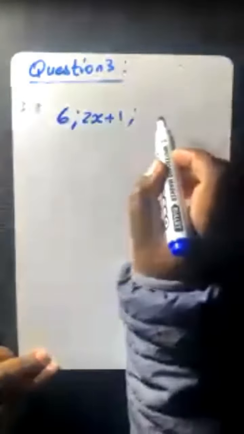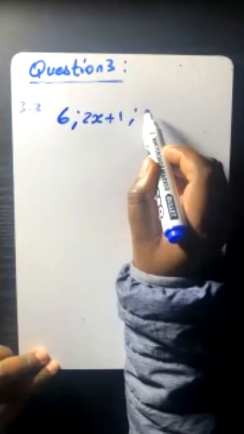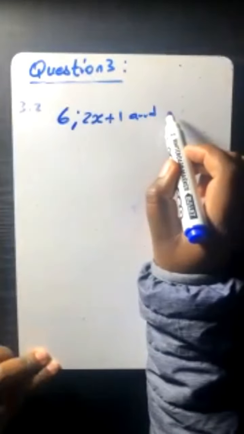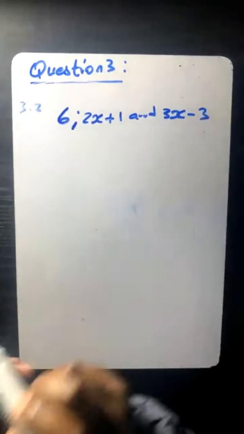We are given 6, and then we are given 2x plus 1, and 3x minus 3.